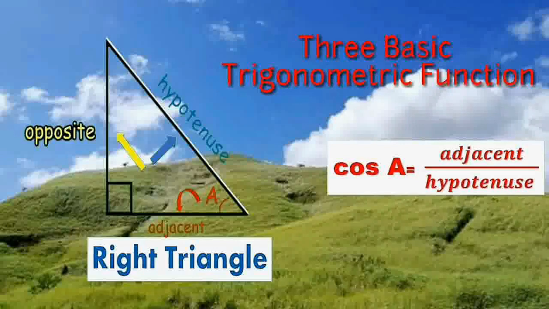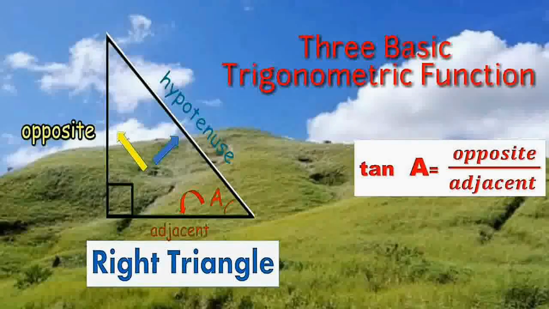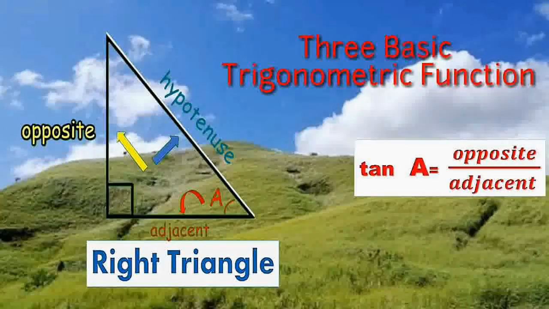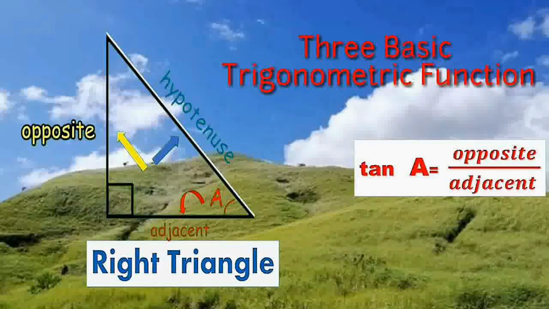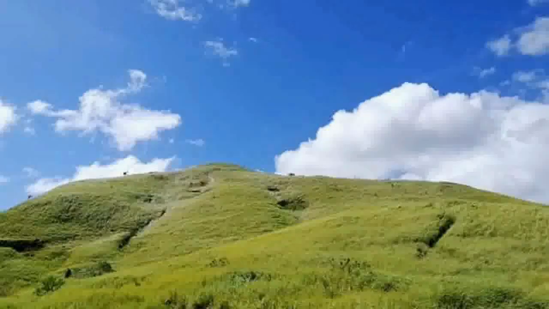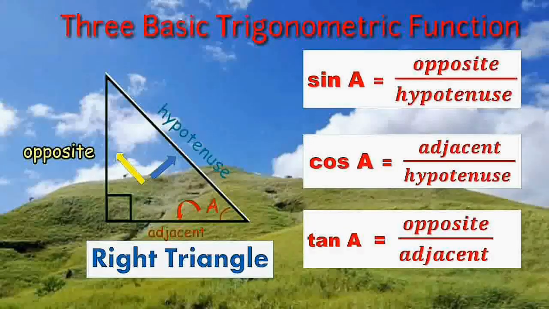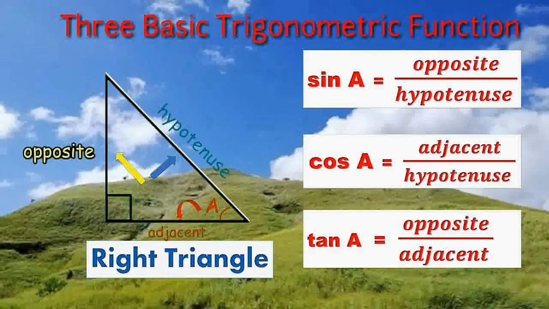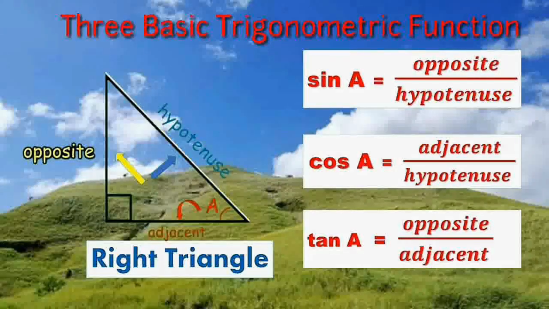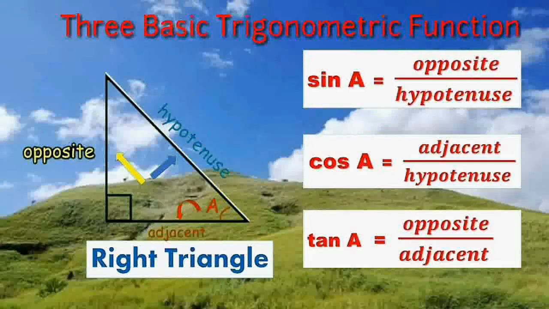Cosine is the ratio of adjacent or the adjacent side of the given angle over hypotenuse. Last is the tangent. Tangent is the ratio of opposite over adjacent. We have sine is the ratio of opposite over hypotenuse, cosine is the ratio of adjacent over hypotenuse, and tangent is the ratio of opposite over adjacent.